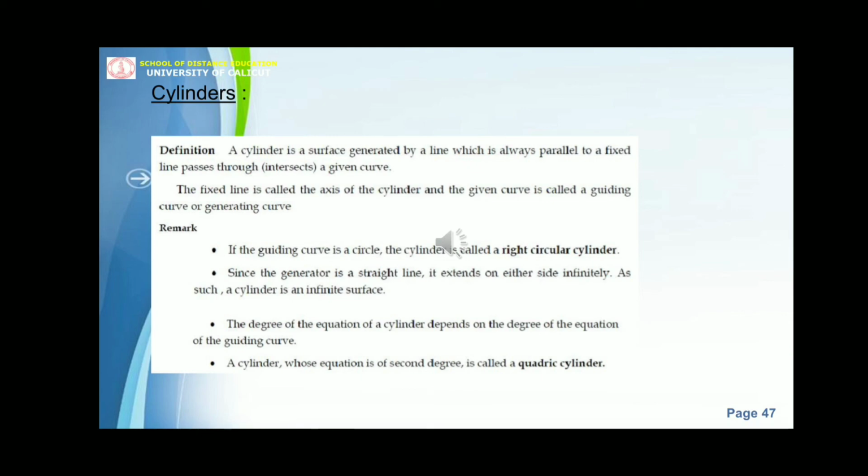And since a cylinder is generated by straight lines, it extends to infinity on both its sides. The degree of the equation of the cylinder depends upon the degree of the equation of the guiding curve. A cylinder whose equation is of second degree is called a quadratic cylinder.